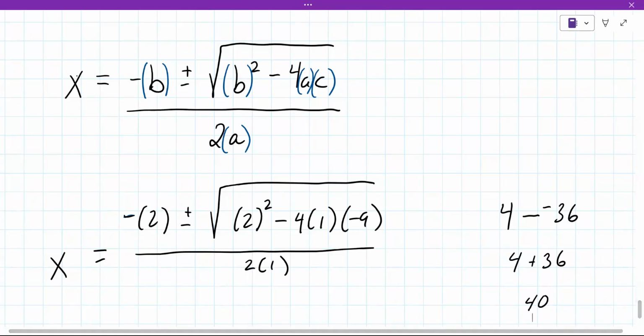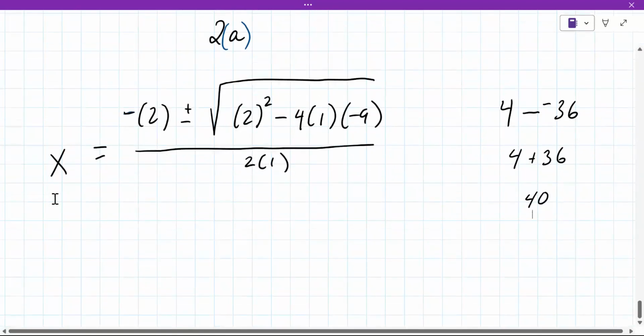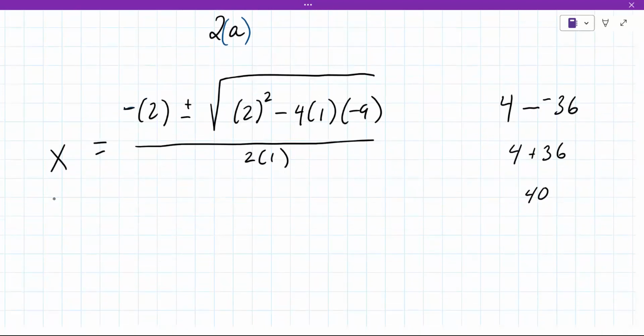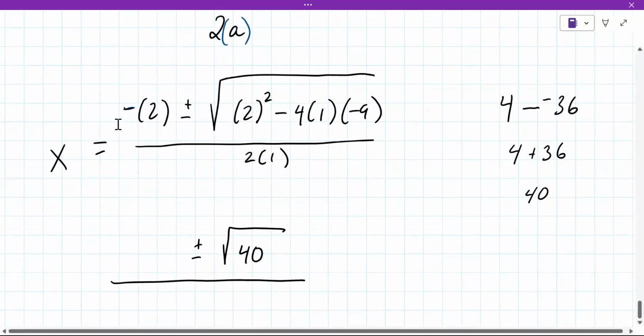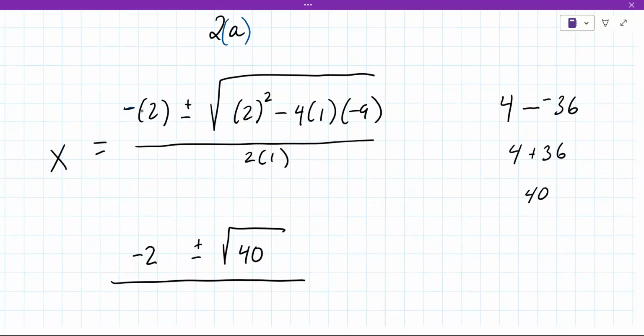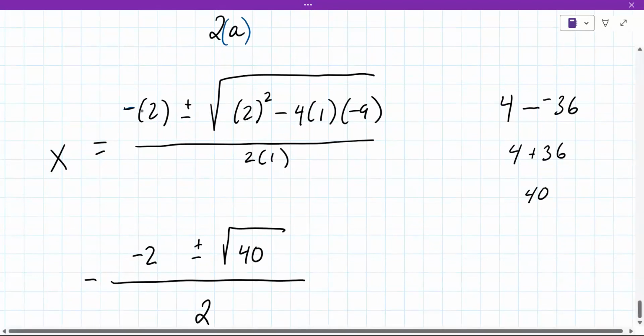All right, so what we did on the right here represents everything that's under the square root. So it's the square root of 40. Then we're just filling in the other pieces. So it's -2. 2 times 1 on the bottom is 2.